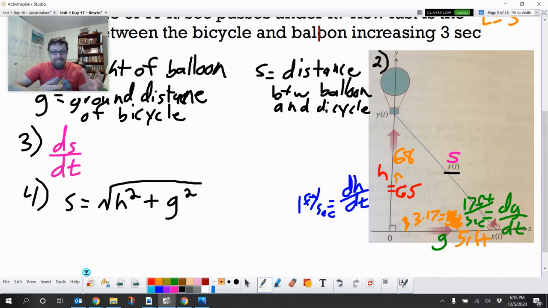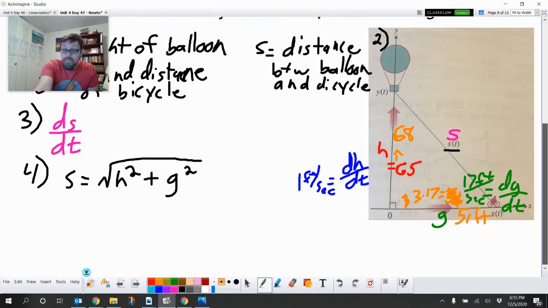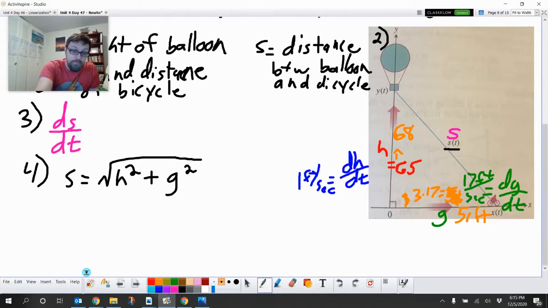Since I can't get this so it is only a two variable equation, we're just going to leave it as is and it's going to be fine. So don't worry about it. I just got a little more implicit differentiation. That's all. So we end up with ds over dt equals stuff.